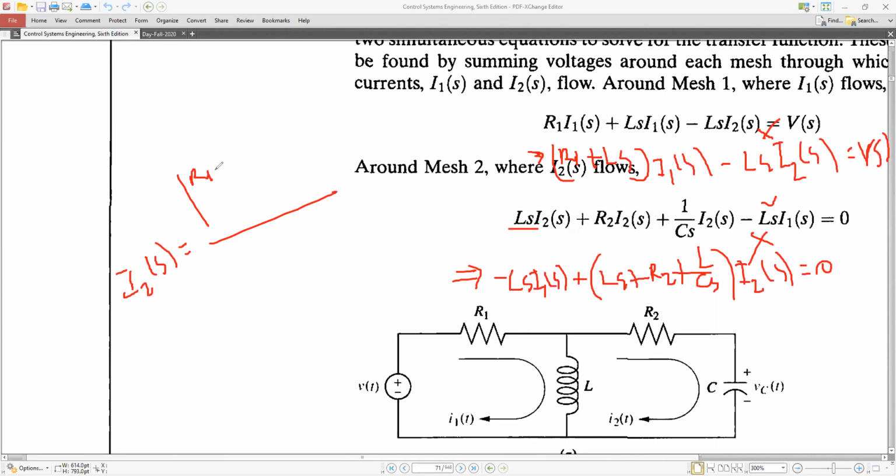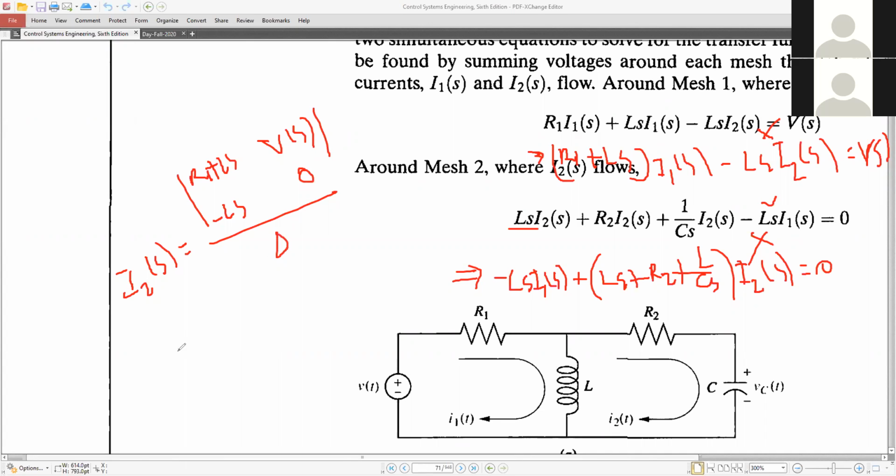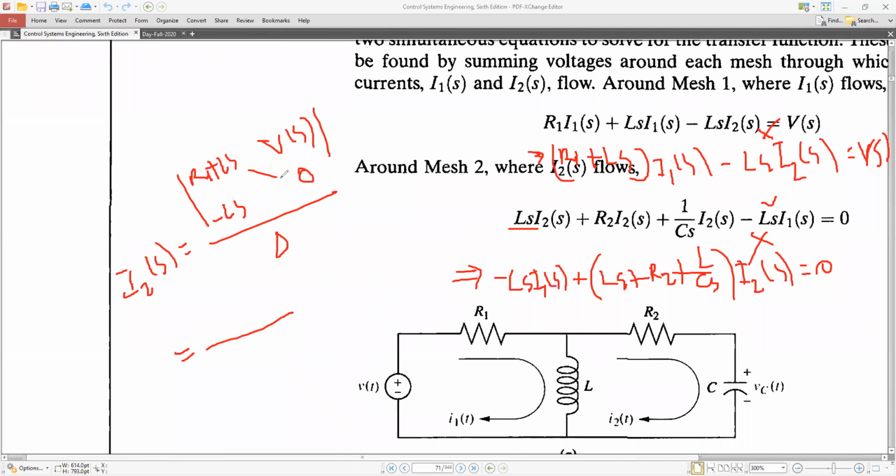So R1 plus LS, here this is the VS, and here minus LS, and here the 0, and delta. Now the equation is just cross multiplication, this one this, and then this one this.